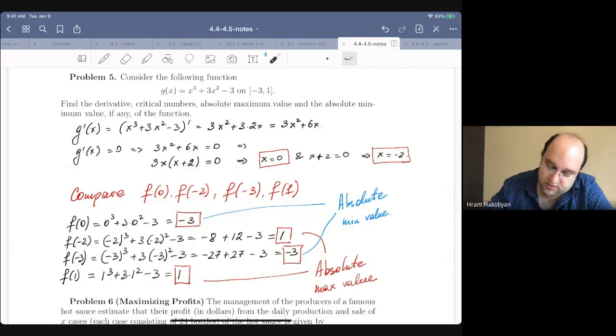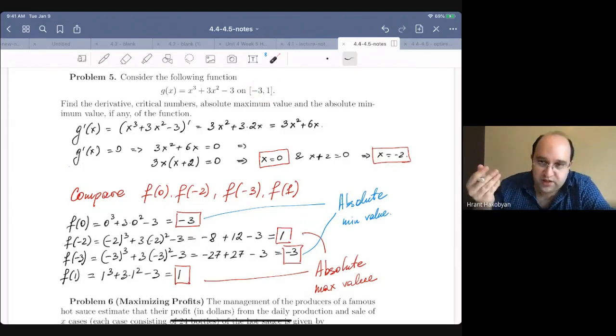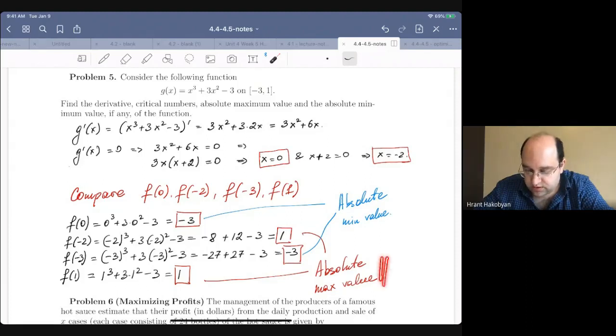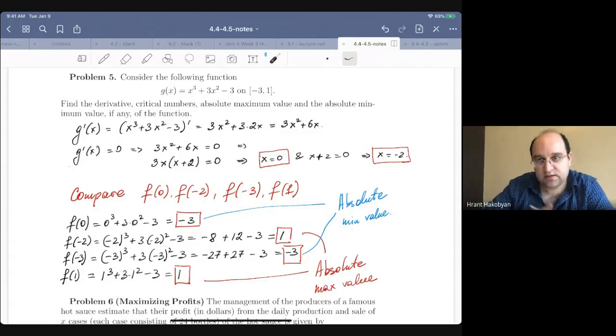Then pick the largest one, and that would be your absolute maximum, and pick the smallest one, that would be your absolute minimum on that interval. In this case, it turns out some of them are the same. No one said the absolute maximum can be only at one point.